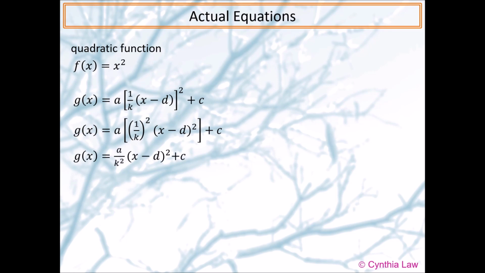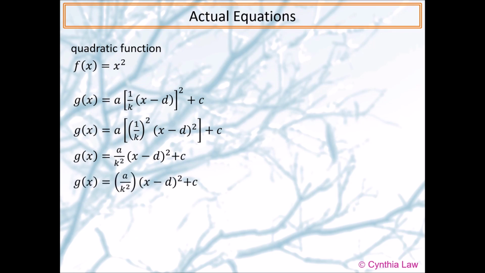And then I can combine a with 1 over k squared, and we have a over k squared. And then c as a constant is added at the back.